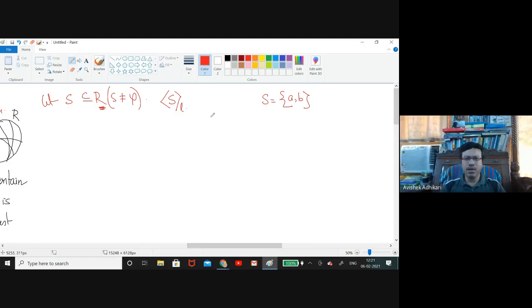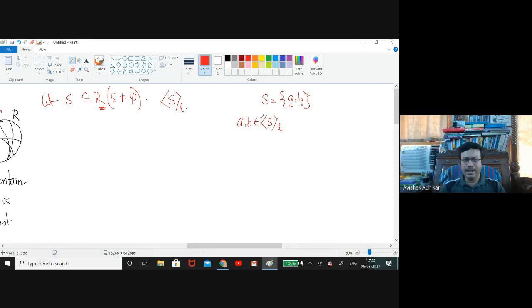Now our aim is to find the smallest ideal which contains both A and B. So suddenly A and B must be within, if we are considering only left ideal, our L, right?